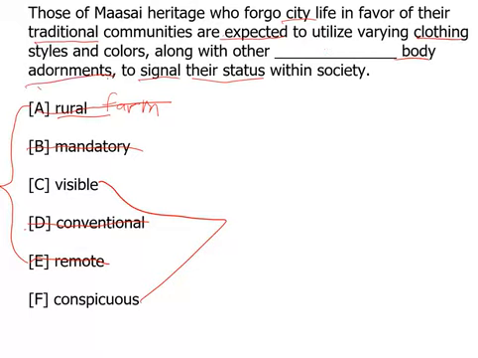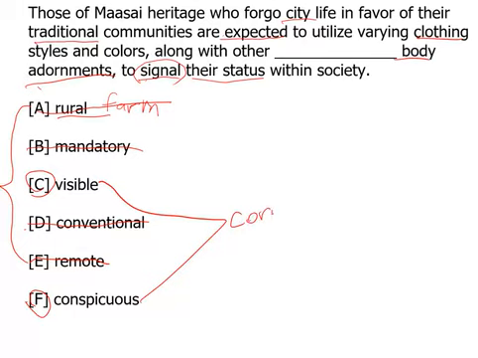So they're signaling their status by putting something on their body that can be seen so that this signal is received. Well, that would mean that they need to put things on their body that are visible. And conspicuous means the exact same thing as visible in this context, just something that is very easily, clearly seen.